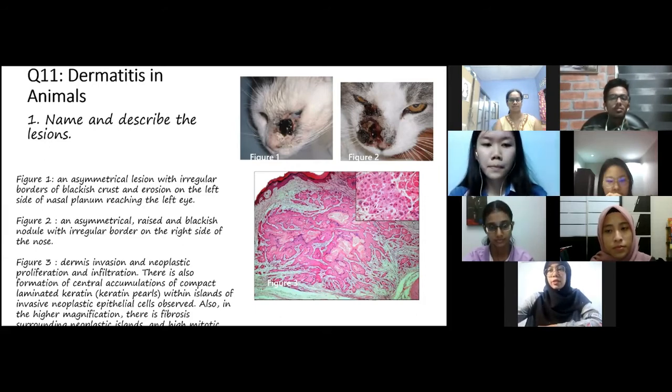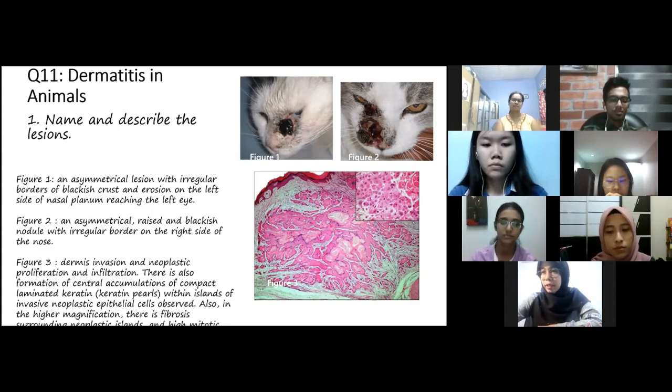For the histological aspect, we can see in the dermis layer there is invasion, neoplastic proliferation and infiltration. We can also observe formation of central accumulations of keratin pearls within the invasive neoplastic epithelial cells.